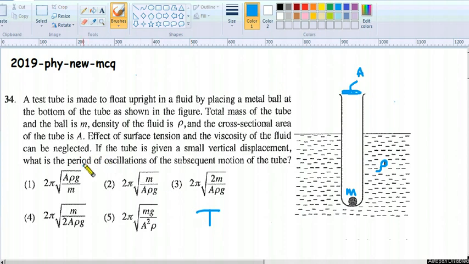They want us to find the period of oscillation of the subsequent motion of the tube, because after pushing this down and taking our hand away, this tube will oscillate like this for a few seconds.